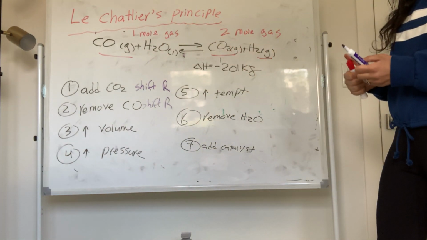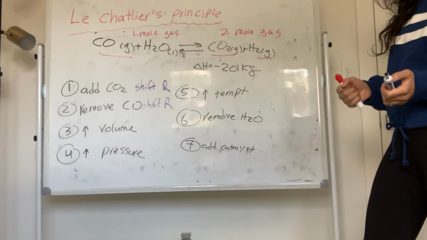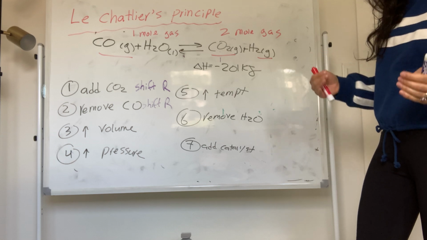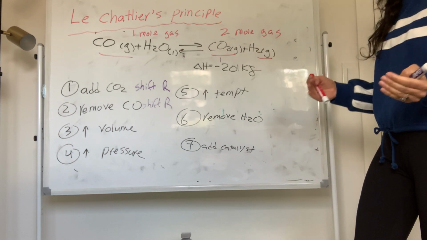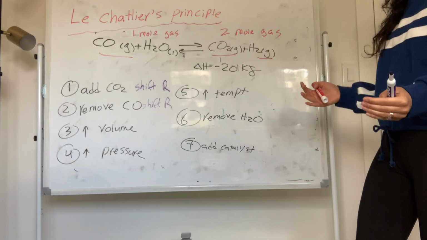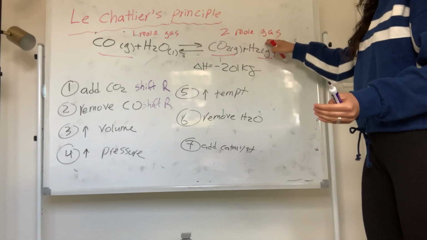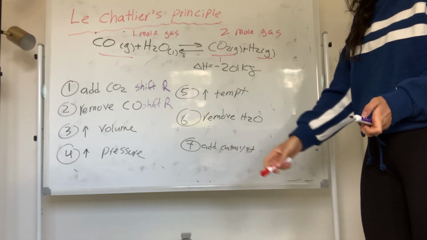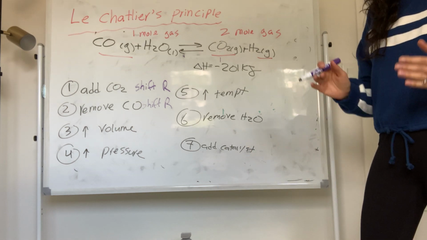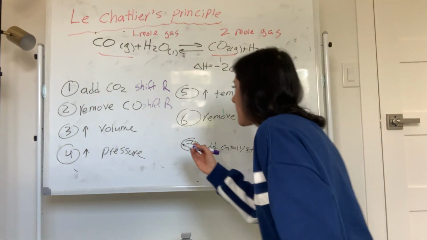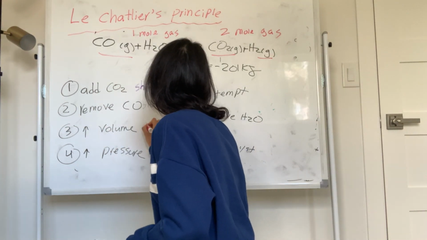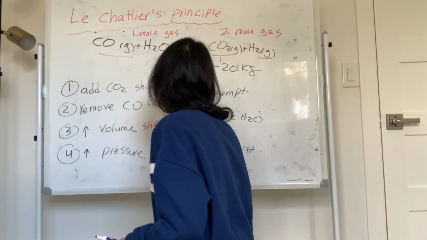Now, if I increase the volume, it is going to favor the side with a larger number of gas molecules, which would be the product side. So I increase the volume, it shifts to the side that has more moles of gas. So far so good. So this one would shift to the product.